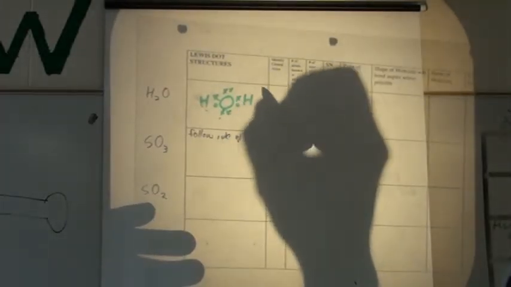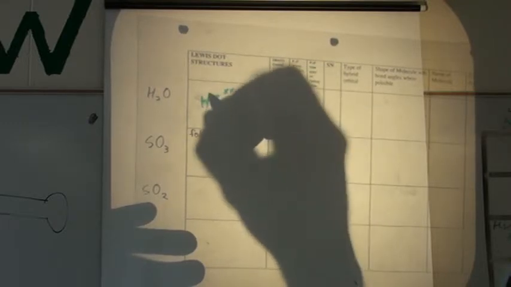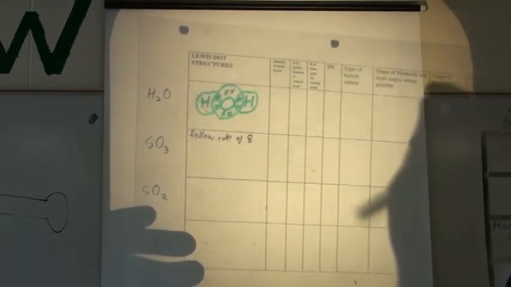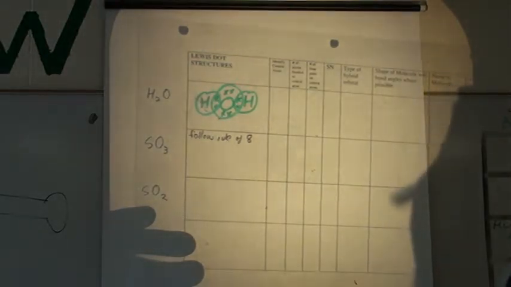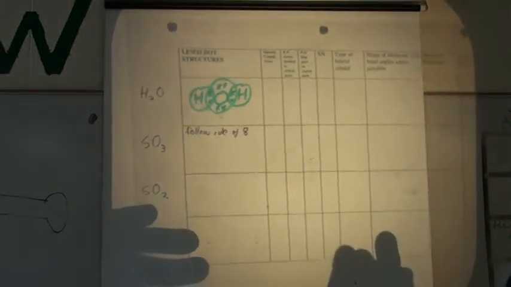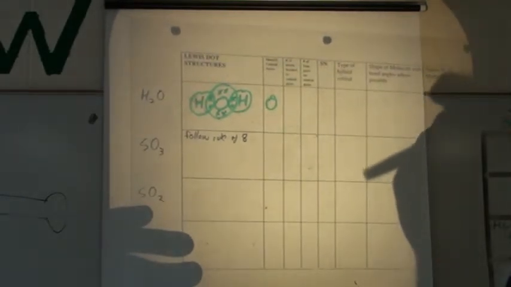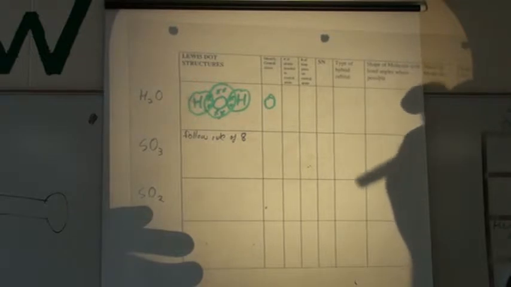All right, there's the Lewis dot structure. Who's the central atom, Katie? And how many atoms are bonded to that oxygen, Hannah? 2.